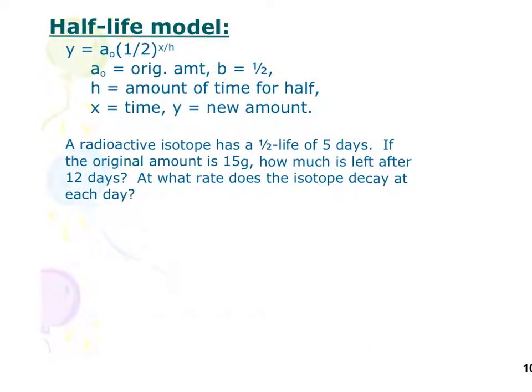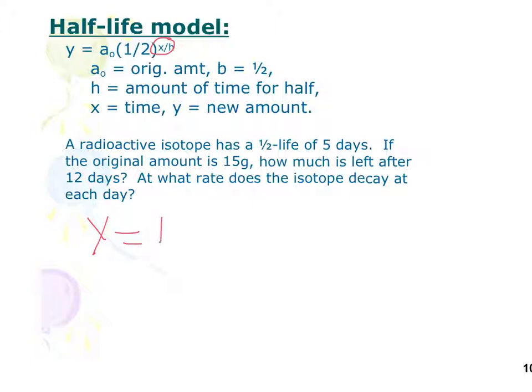Very similar, we can look at a half-life model. Really the same idea, the only difference is the base of the exponent is a half. H, what I'm dividing x by in the exponent, is still up here. That's still the amount of time, for this case, for something to be cut in half. So we have a radioactive isotope that has a half-life of 5 days.